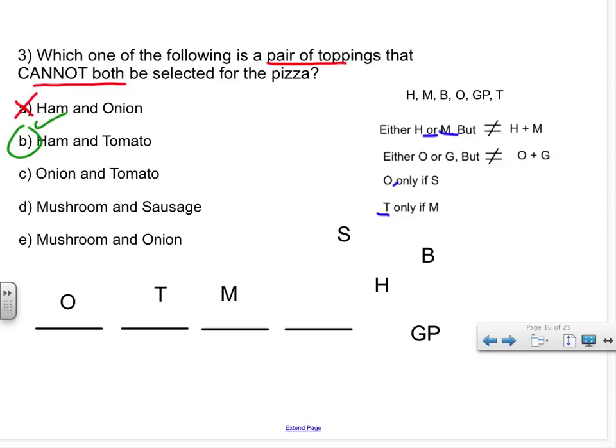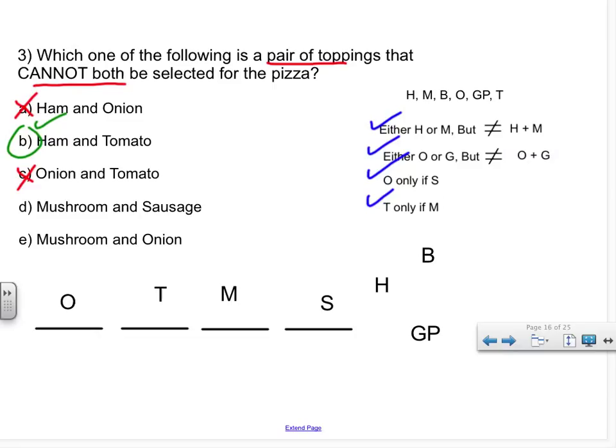And I know if O appears, I need S. I believe this will meet all of the conditions. Let's just double check. Either H or M, we've got M. Either O or G, we've got O. We've got O and S, and we've got T and M. So we can eliminate C. So that's a possible answer choice.